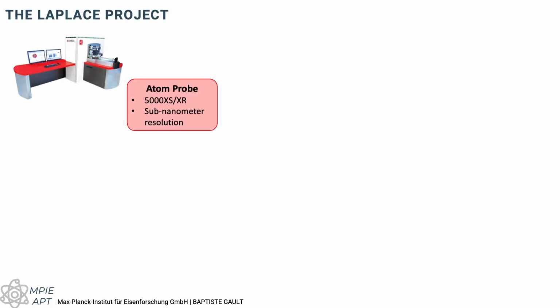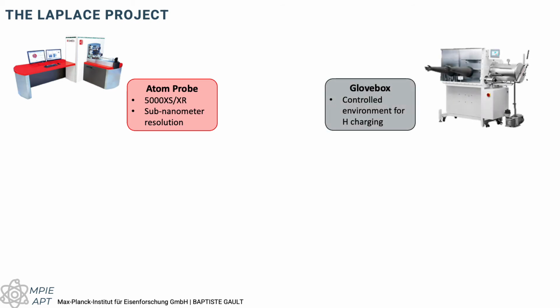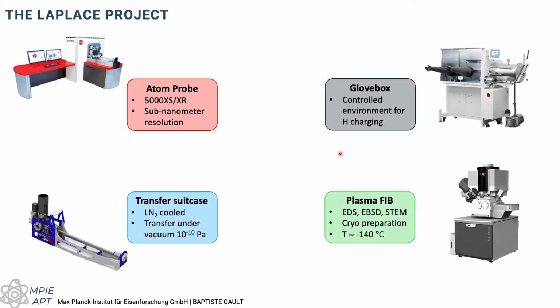So what we've been putting together in the past few years at MPIE is what we call the LAPLACE project that bridges together a glove box, so we can do hydrogen charging under very low moisture environments, a cryo-FIB, and two atom probes, a straight flight path instrument and a reflectron-fitted instrument.